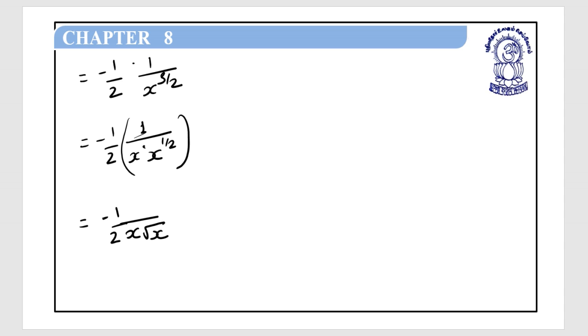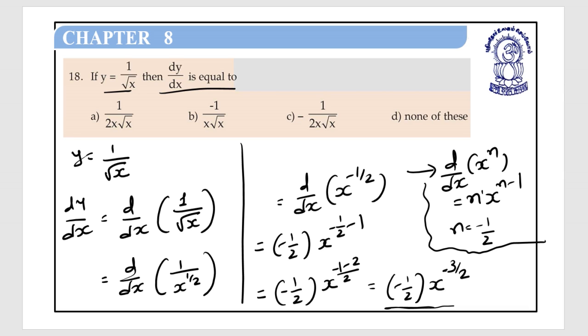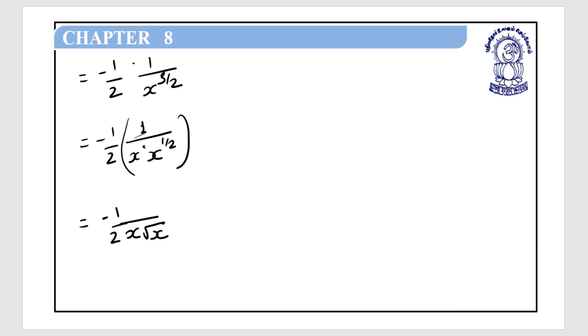Check the options. Minus 1 by 2 x under root x. Option C. Option C is the right answer. This is the answer, option C.